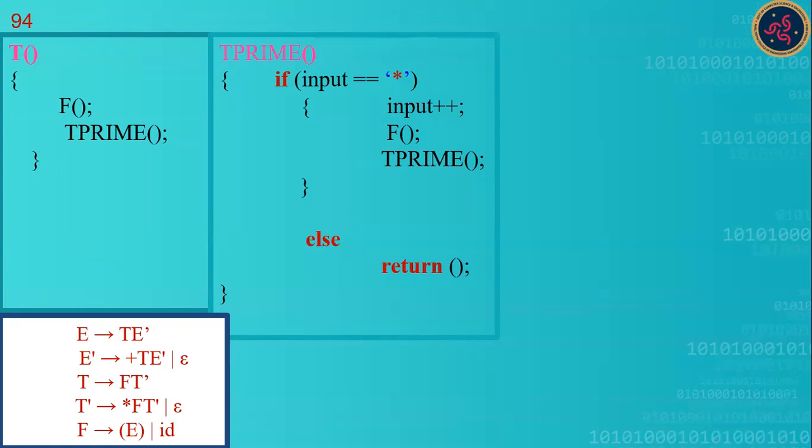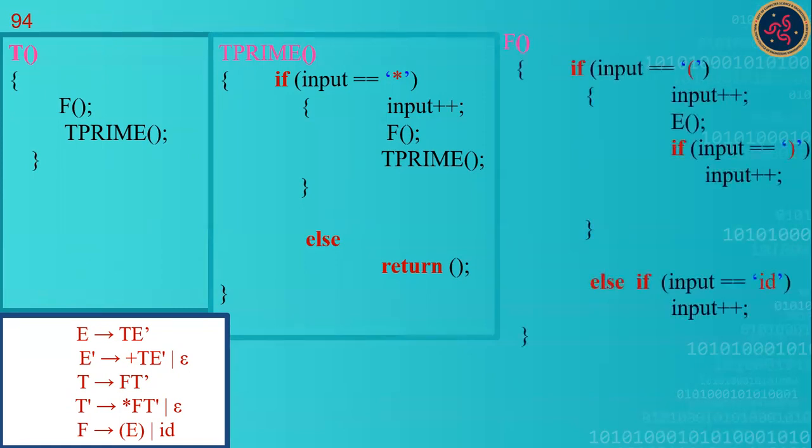Next we need to write a function for F. Here F gives open bracket E closing bracket, or ID. We need to write the function F. First we have to check whether the input is an opening bracket. If so, then we increment our input pointer.